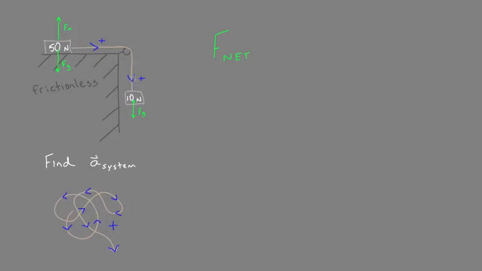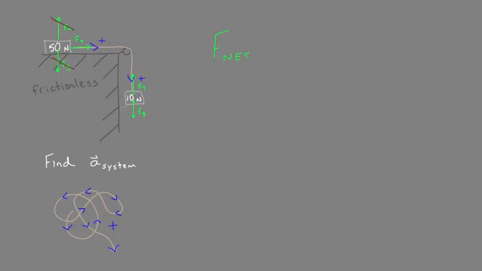However, there's a force due to tension, which is the same magnitude as for the block on the table. So we're going to see that the normal force cancels with the force due to gravity on the table, because this weight is not moving up or down, it's only moving to the right.